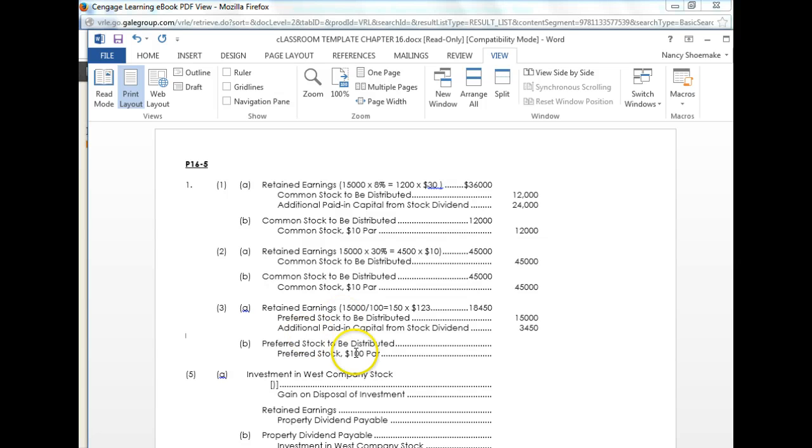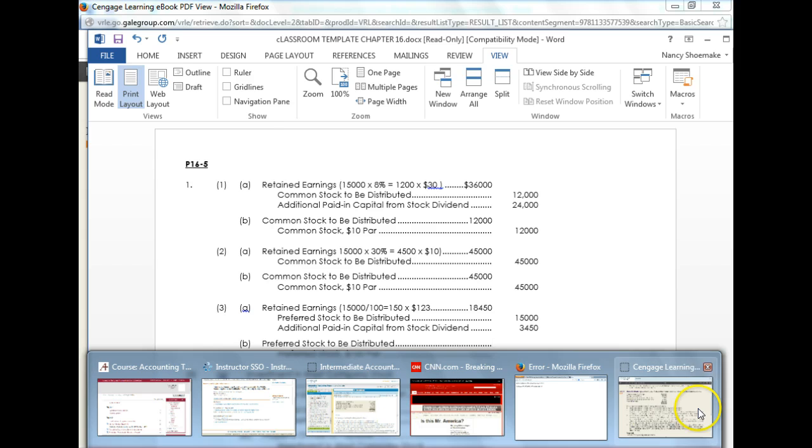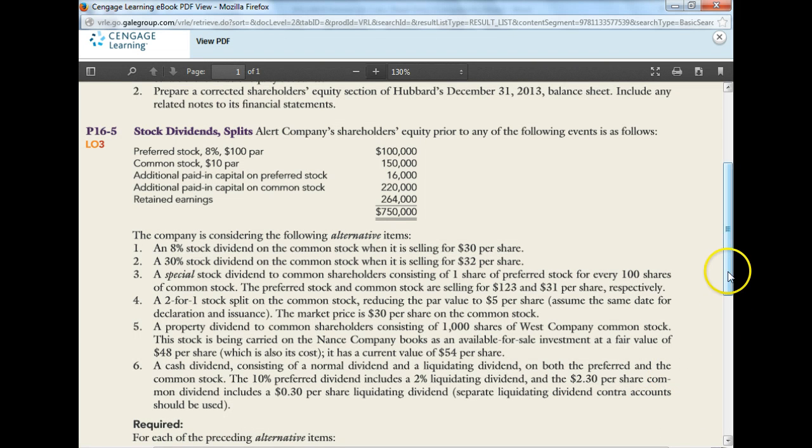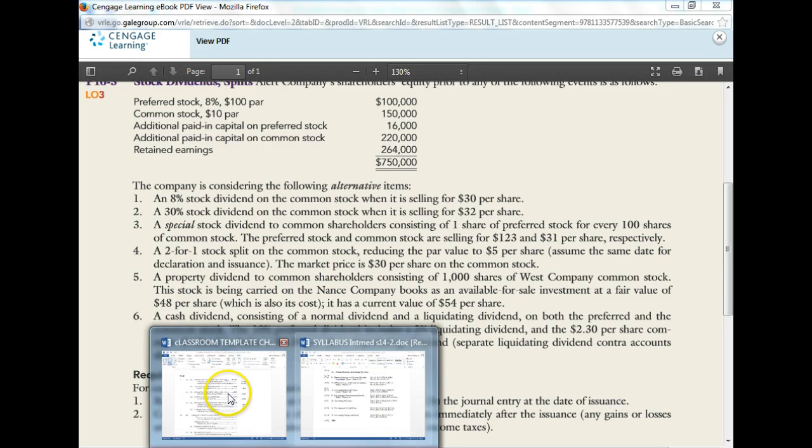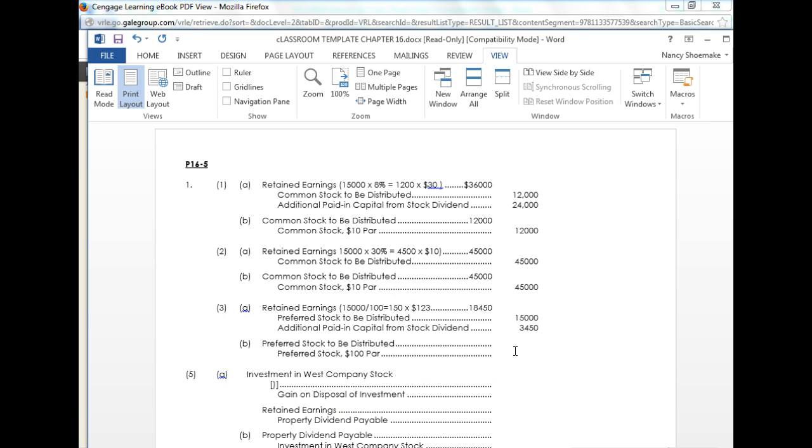Then once we have the date of issuance, the preferred stock to be distributed, $15,000, and preferred stock now is a credit for $15,000.